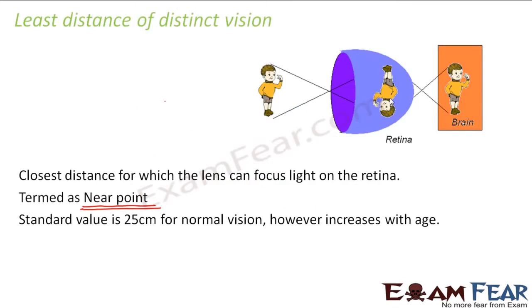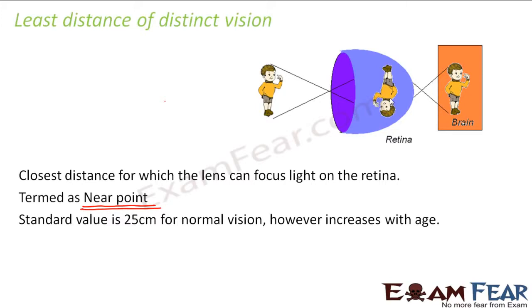Now, another point which I would like to add is an example, as I mentioned before, that you would have seen that people during their old age often complain that they are not able to see things very clearly. The view is not very clear. That is because the ciliary muscles lose their flexibility with age.